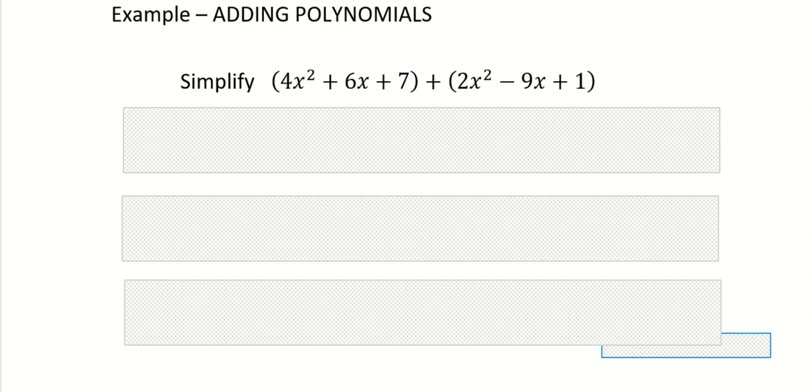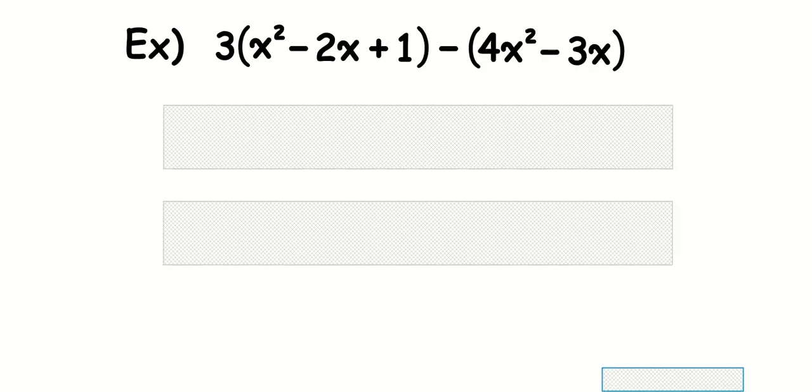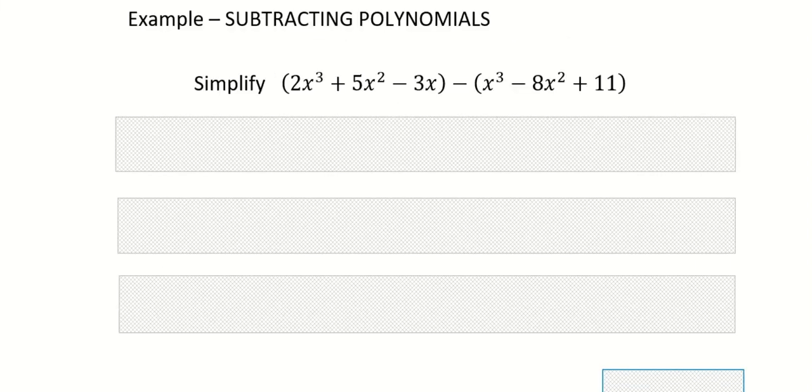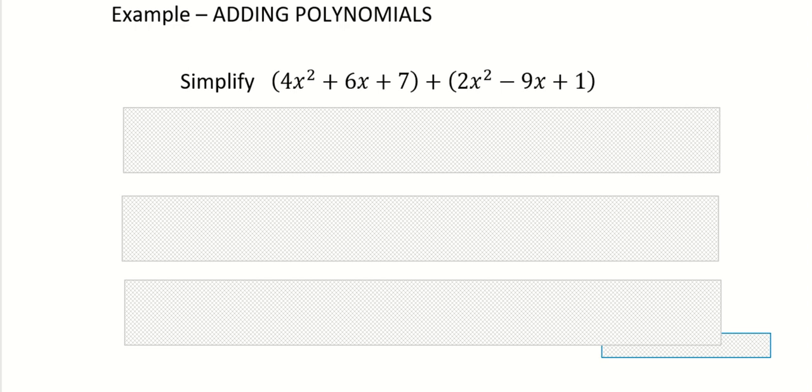But next we're going to get into adding and subtracting, and it's not that crazy. So here we go. Technically, when it comes right down to it and you see problems like this, you're just going to see some parentheses, and a plus sign right outside these parentheses, which technically means a positive 1 out here.